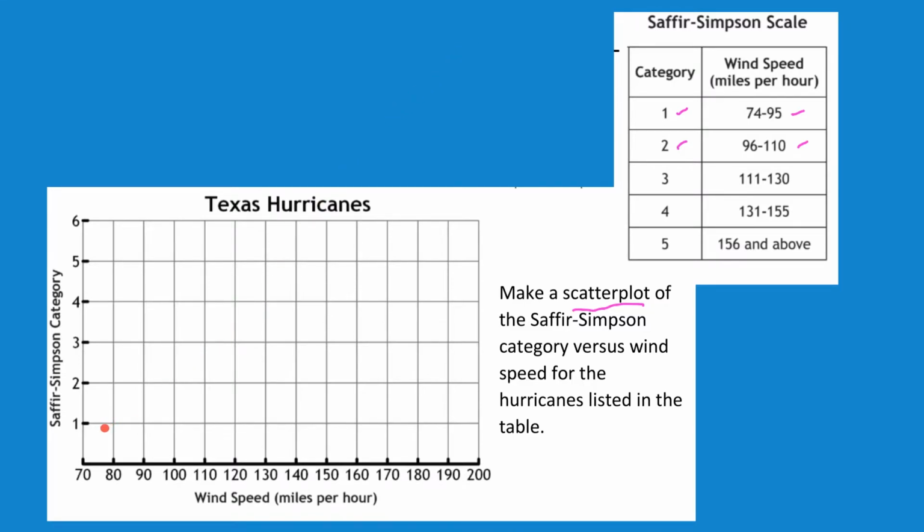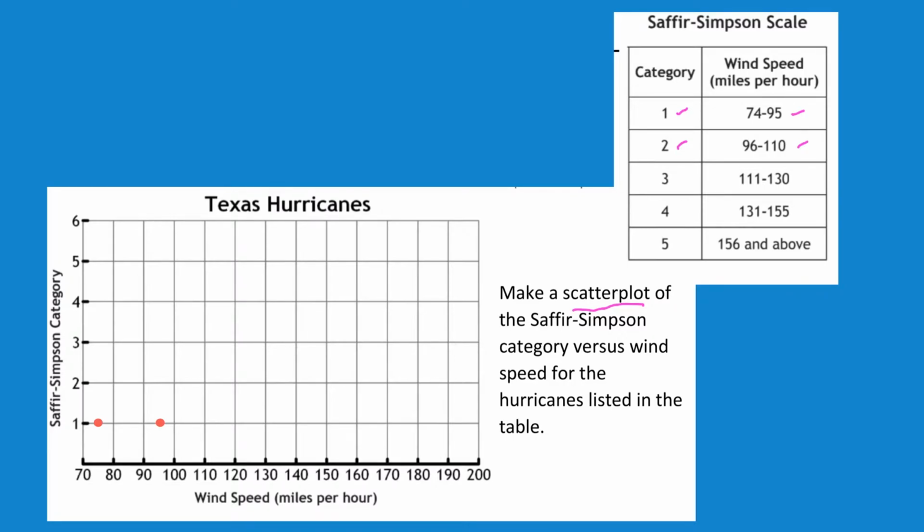I'm going to put it at approximately 74. Okay, and it goes all the way up to 95. So at the end, 95 miles per hour is still considered a category 1. So we want to make sure that we put a solid point on 95. So pretend like that's right at 95.